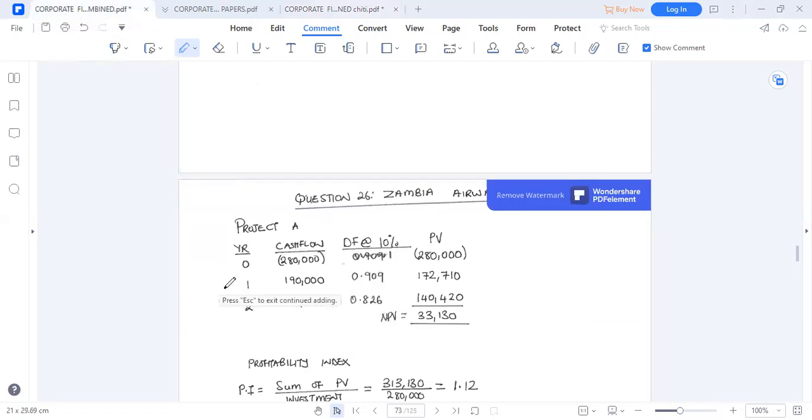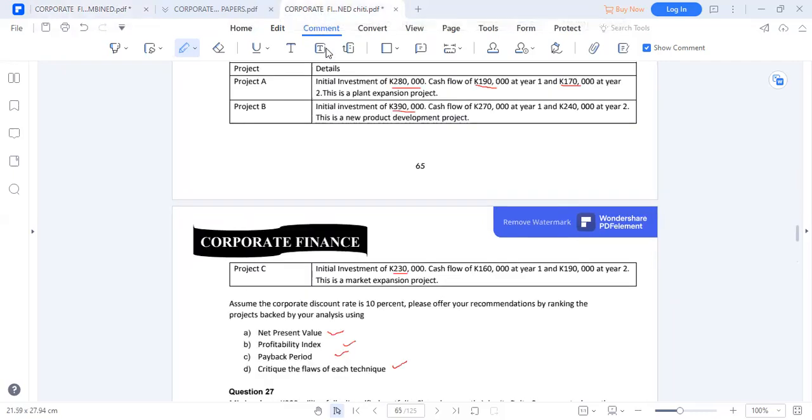So the initial for project A, we usually put it as a 0 because that is your initial cash outflow, ICO. So our discount factor, we've been given the percentages to work with. We're told the discount rate is 10%. So you go on the table, 10% under the present values. You know how to use the tables, isn't it?